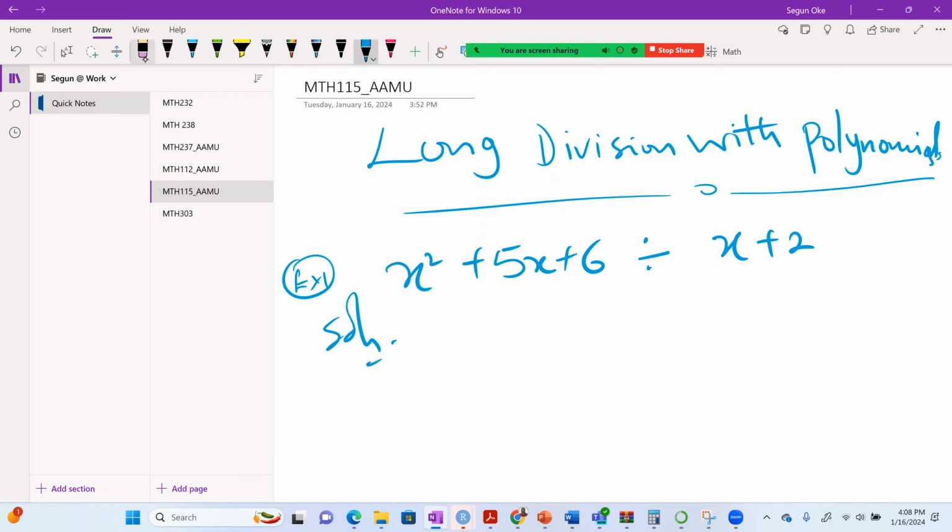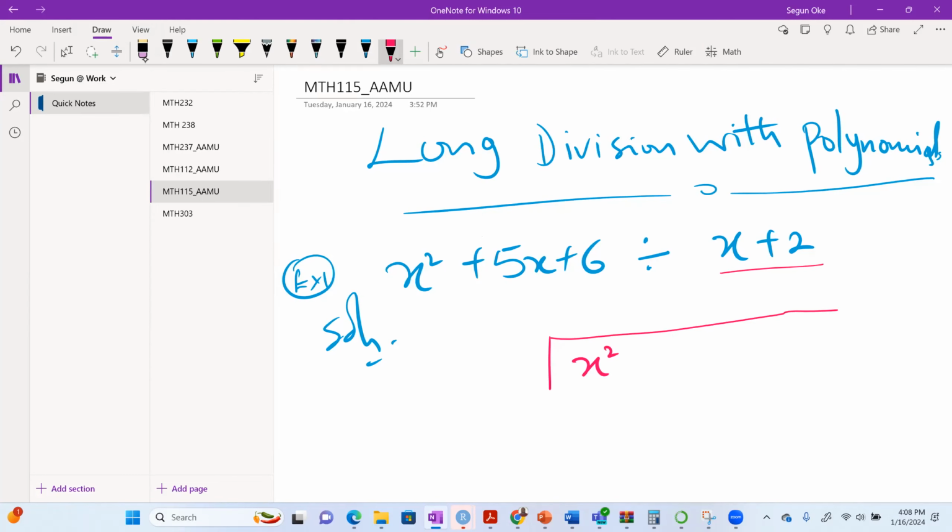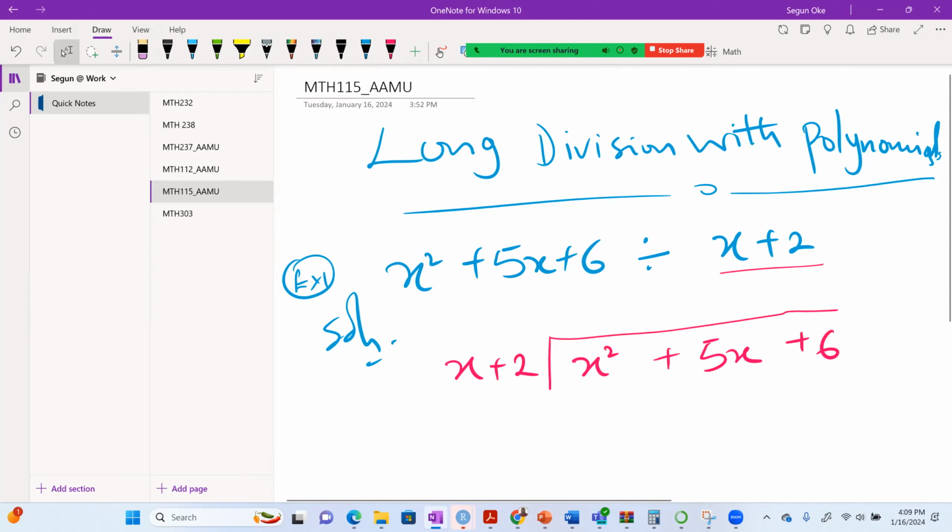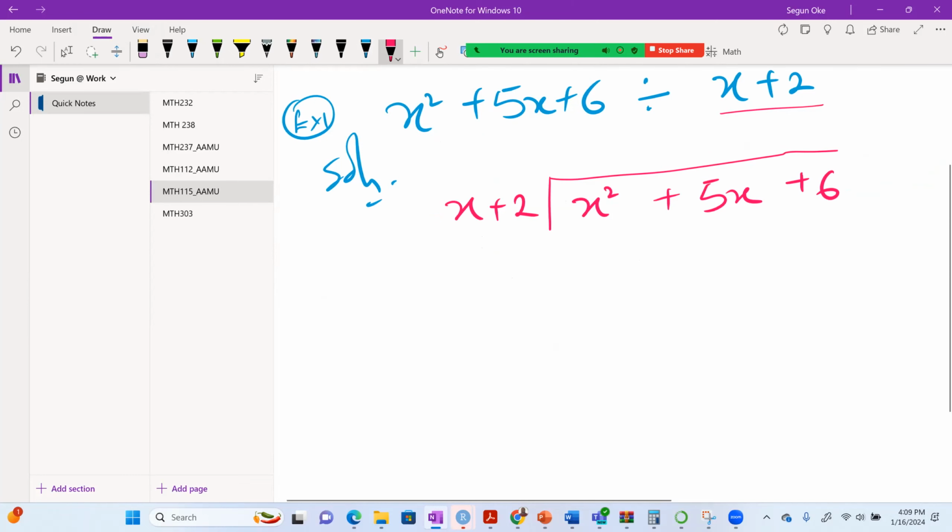So we have divisors. This is our divisor. So then we have x squared plus 5x plus 6. Then our divisor is here, x plus 2. So for the x of this, how many x can we get from x squared?